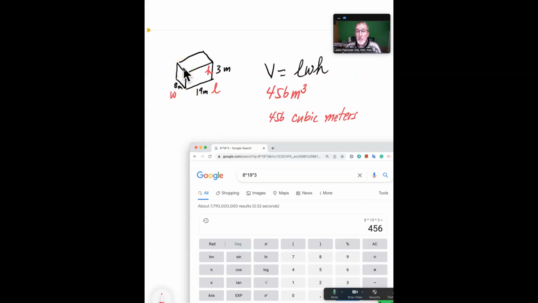Volume is like area with one more dimension. Area is usually just length and width, but we've also added height. So 8 times 19 would be the area of one face, like the top face, and then you just multiply that by the height, and it increases that area by that much. Okay, so 456 cubic meters is our answer.